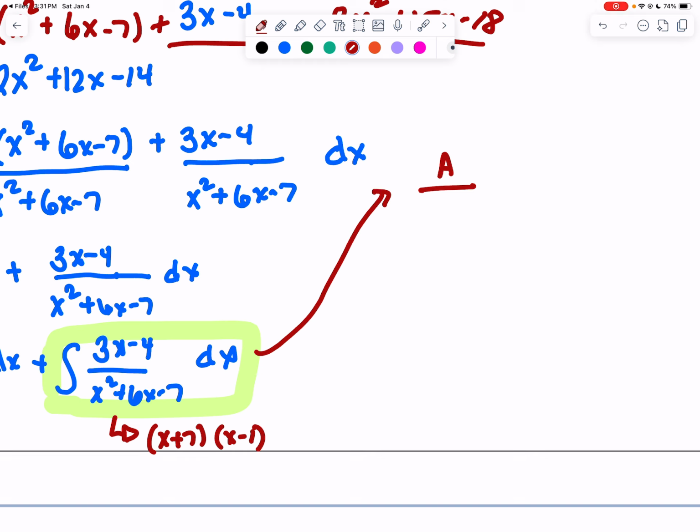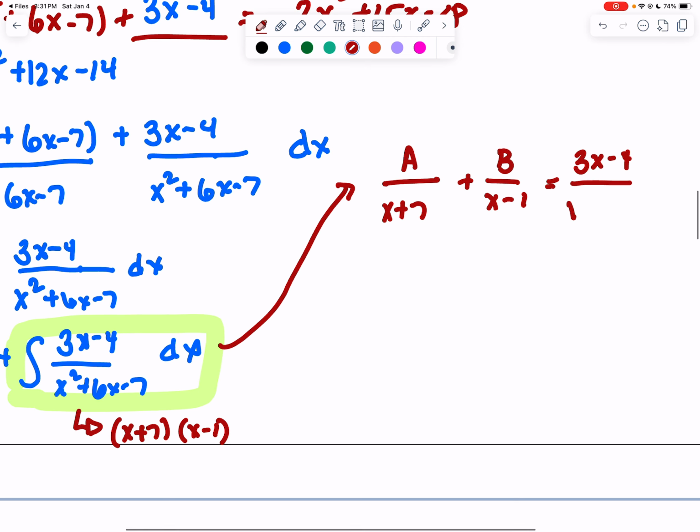So I'm going to have a over x plus 7 plus b over x minus 1 is equal to 3x minus 4 over x squared plus 6x minus 7. Now, it doesn't matter if this goes with A or this goes with B, because either way, you're going to get the same answer. But now what we're going to do is think about my LCD here.